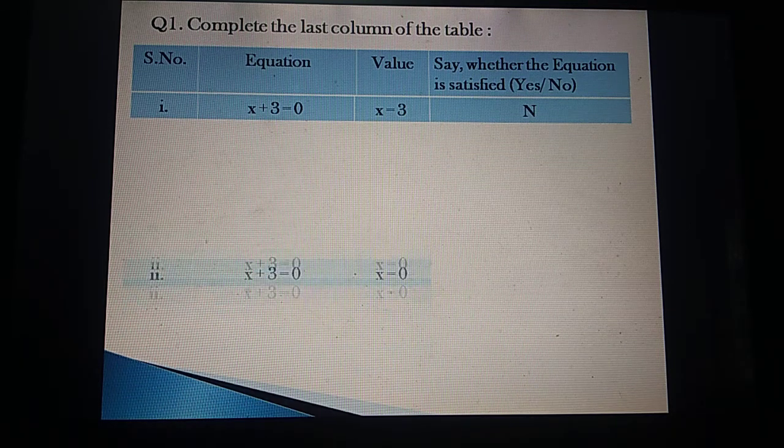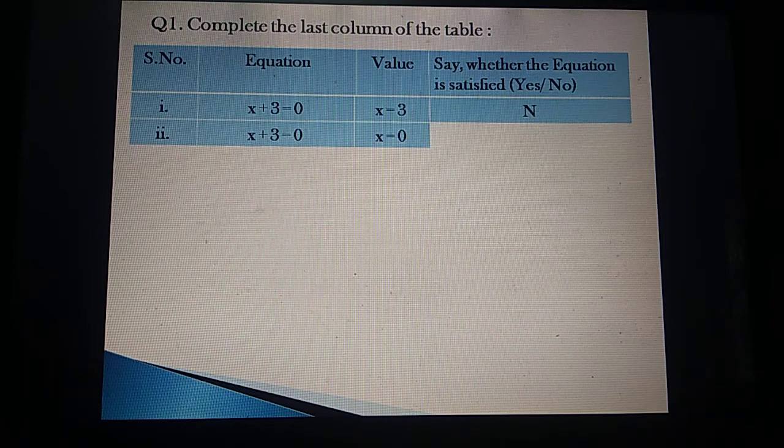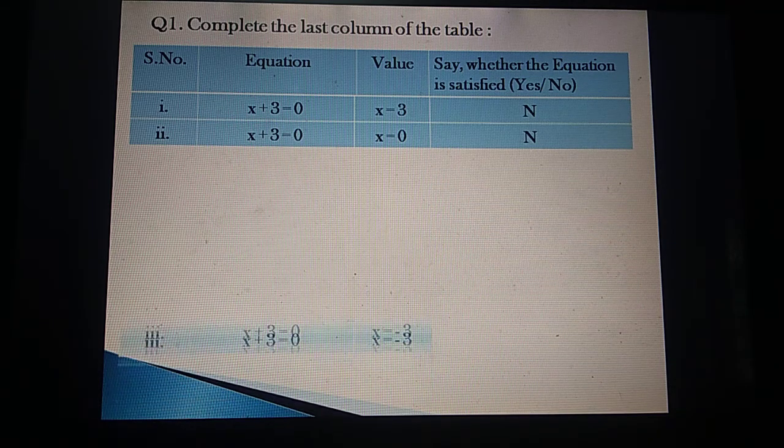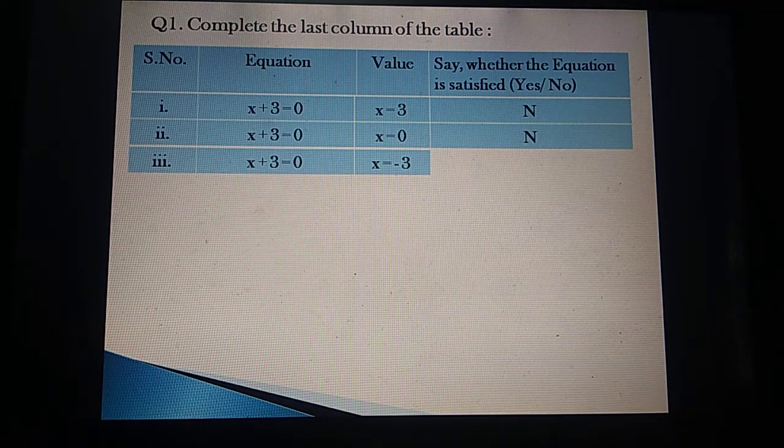Now the next one. Here we are supposed to use the value as 0. Now solve. 0 plus 3 on the left gives you 3, but on the right it's 0. Again the answer is no. Next, the value is minus 3.